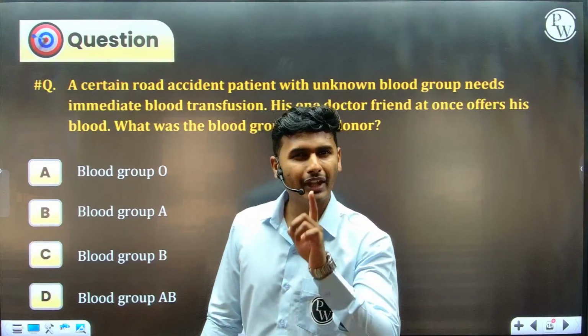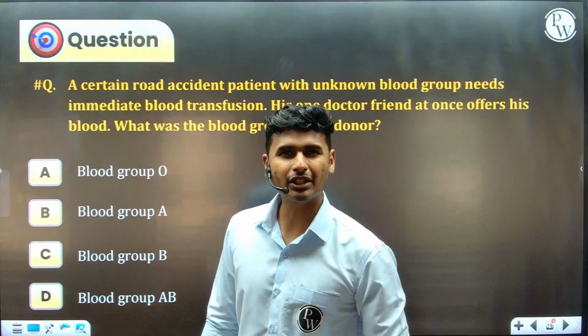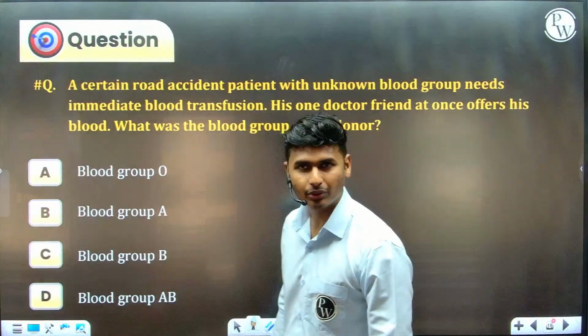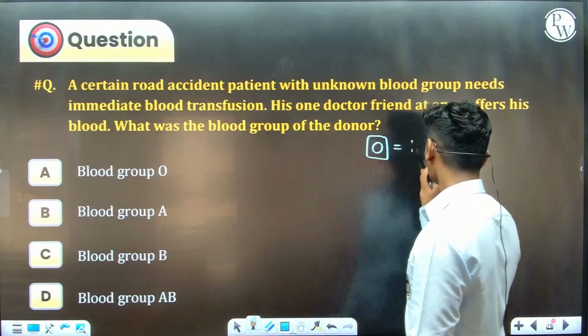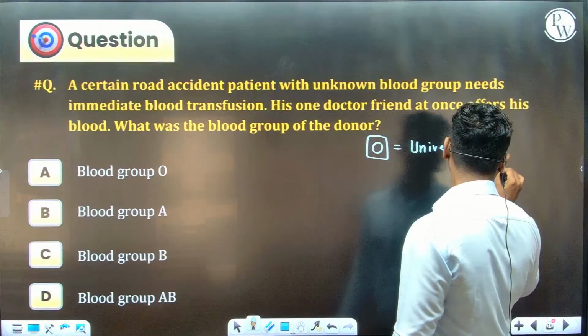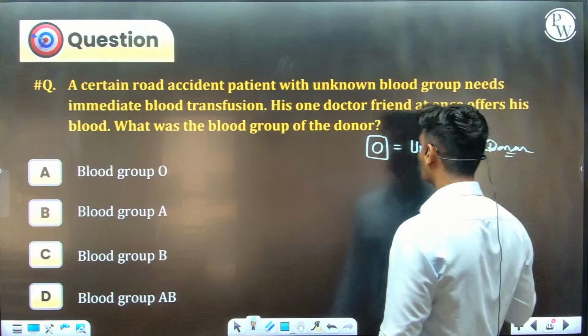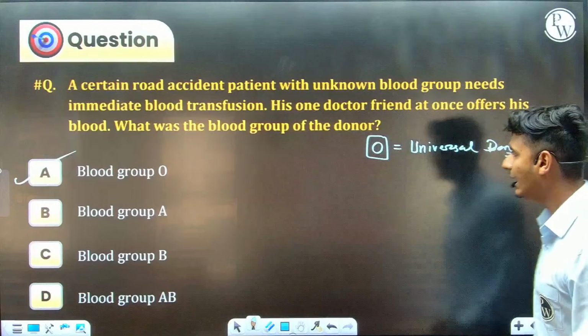At that time we have to use the universal donor. I told you AB is the universal acceptor. Which one is the universal donor according to you? O blood group is the universal donor. So blood group O is the correct answer for that question.